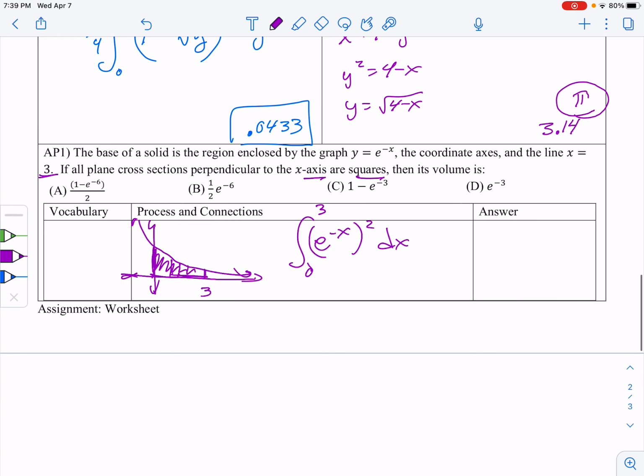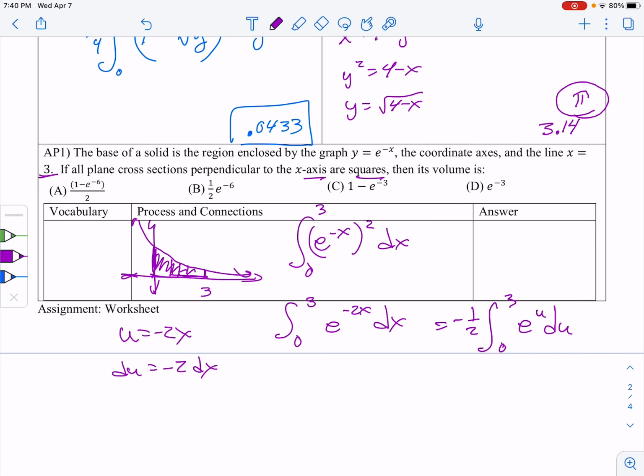So then I actually did this one because they gave me an answer, so I have to figure this out. 0 to 3. So you get e to the negative 2x dx. Then I let u equal negative 2x, and du is equal to negative 2 dx. So you end up with a negative 1/2 out in front. 0 to 3, e to the u du.